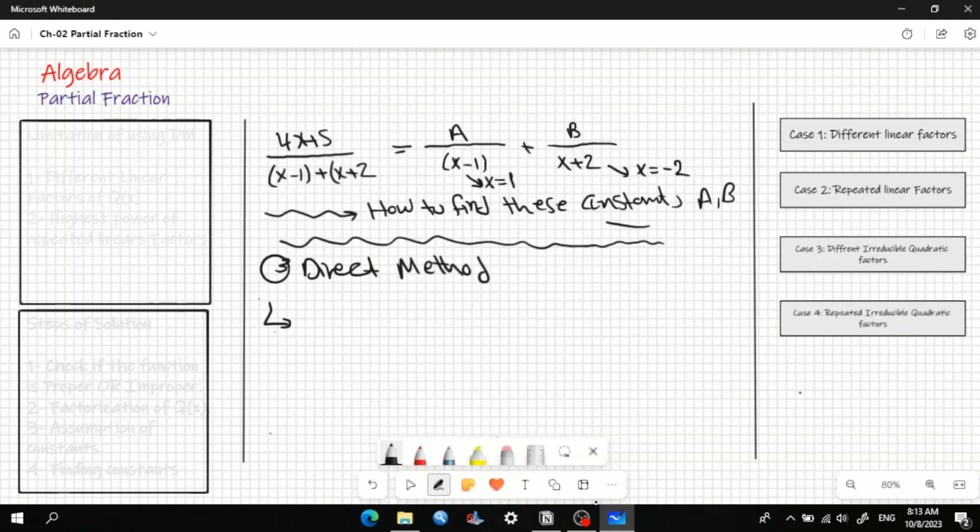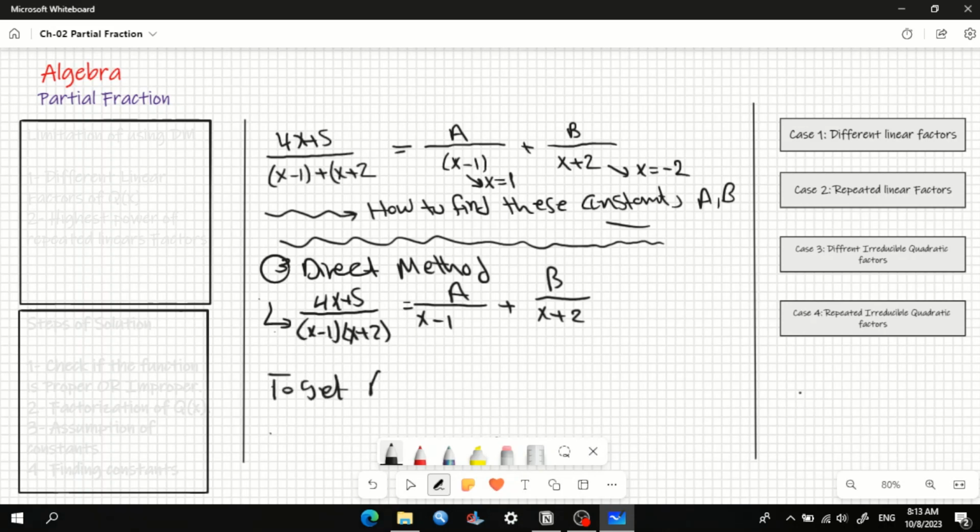Let's just rewrite that: 4x plus 5 by x minus 1 times x plus 2 equals a by x minus 1 plus b by x plus 2. To get a, just look at this side and hide the denominator factor in the fraction related to a.